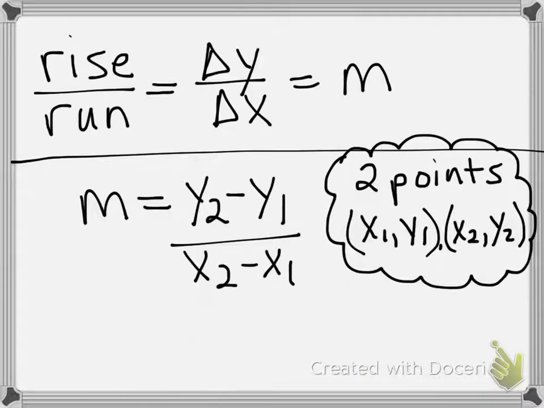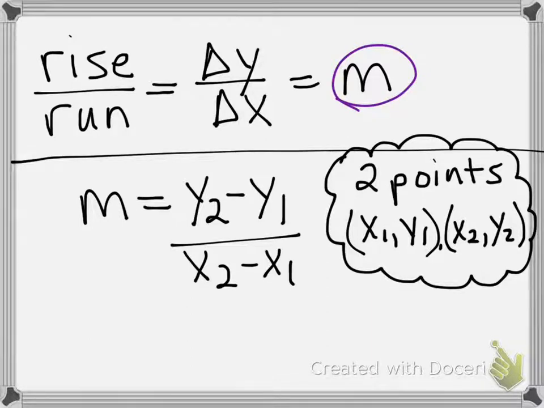And here's what we're talking about. We have rise over run. That's one way that people talk about slope. You have delta y over delta x, which just means change in y over change in x. Sometimes you see that in your science class. We also see m. M is the symbol for slope, especially in math.